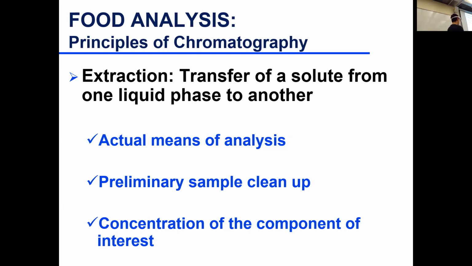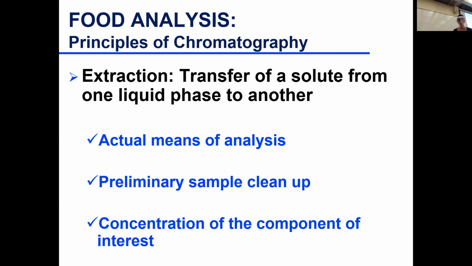So sometimes extraction is a means of analysis. That means you extract to determine a specific component. For example, lipid analysis. We're going to study that using Soxhlet and Mojonnier. These are methods where you extract a certain component to determine its content. Another use is preliminary sample cleanup.